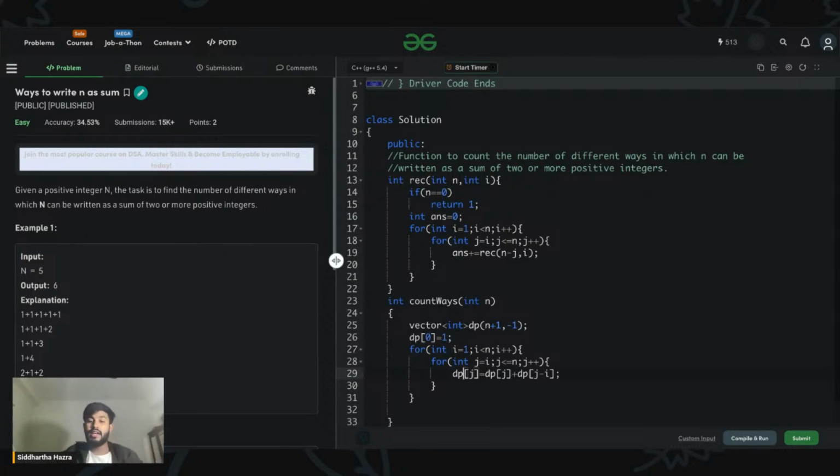So in the same manner, if we are using j, then I say that dp of j plus equals dp of j minus i. Okay, because I used j and i, so compute the value of j minus i, I have used i, my friend. Okay, so this can be written the same as dp of j plus this.